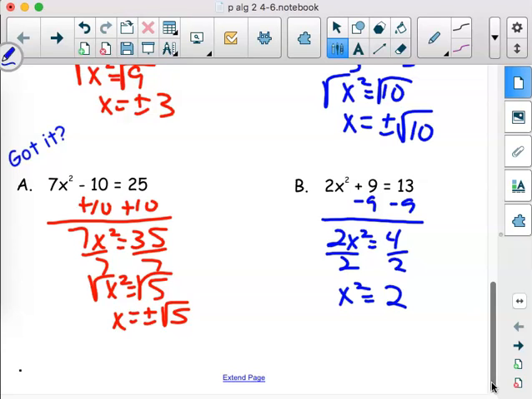And to finish it up, square root of both sides. Well, we're not going to be able to simplify the square root of 2. We don't have any perfect squares that are small enough to divide into that evenly. Our first useful perfect square is 4.